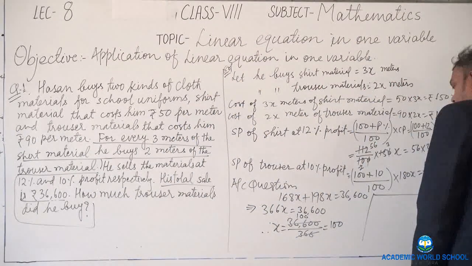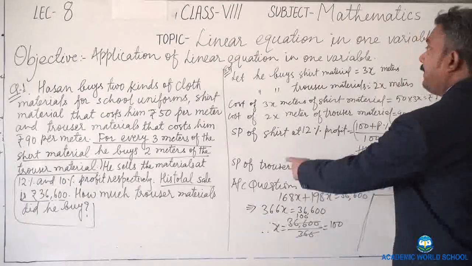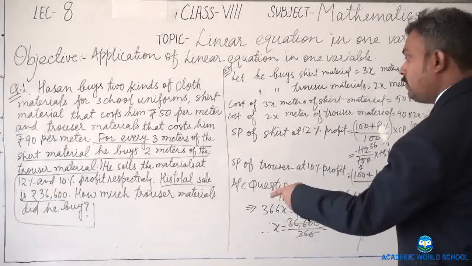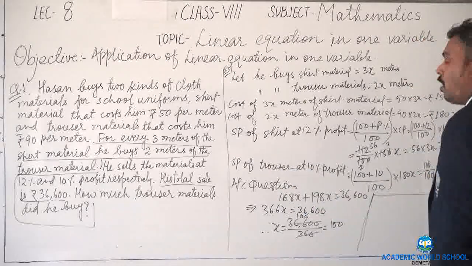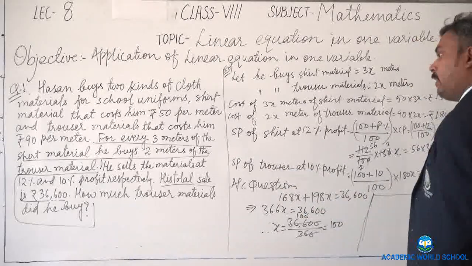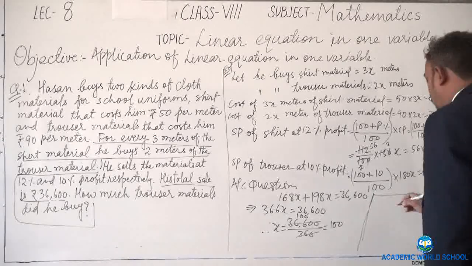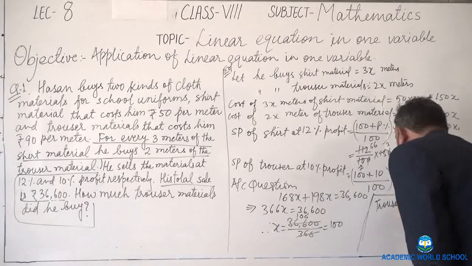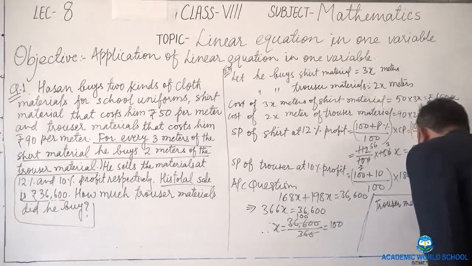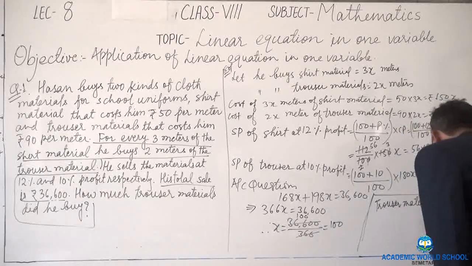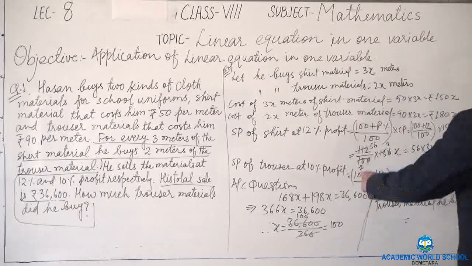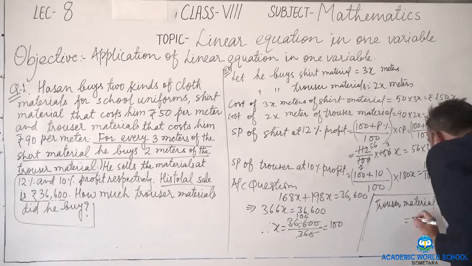So now we will find how much trouser material is bought. Trouser material he buys is equal to how much? 2x.